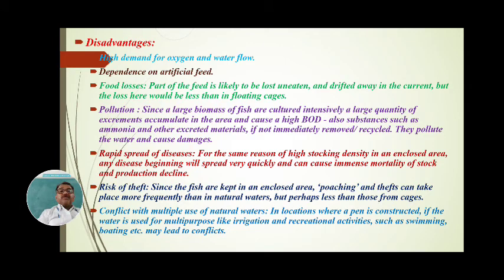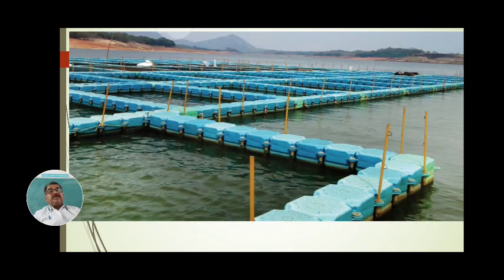If the water is used for multiple purposes like irrigation and recreational activities such as swimming, boating, etc., it may lead to conflicts. When the water is used for multiple purposes, the pens conflict with that multiple use, and hence these cages as well as pens conflict with multiple use of natural water bodies. These are some disadvantages. So some advantages and some disadvantages are seen.